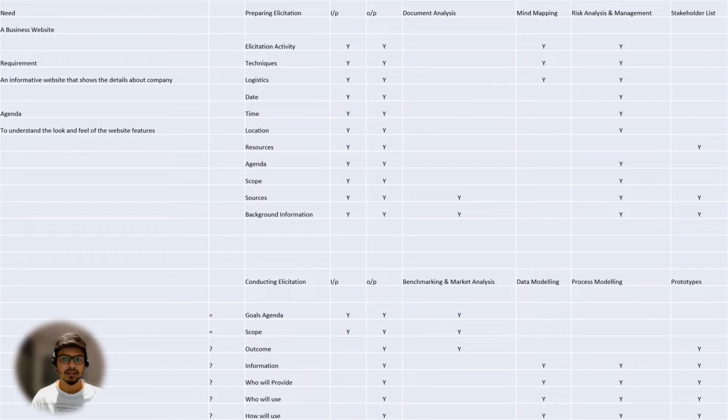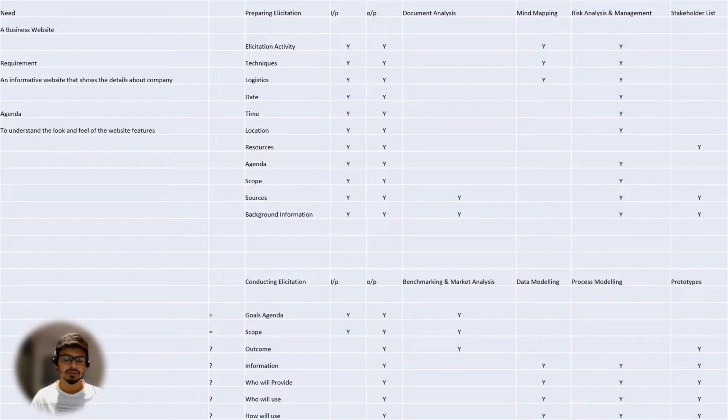Now this will again come under management, how you manage that particular activity. So you'll be preparing yourself: I need to set a date, the time, and the location so I can conduct that elicitation activity. So you are the one who is putting in an input, and the output generated from this is also dependent on and utilized by you further.